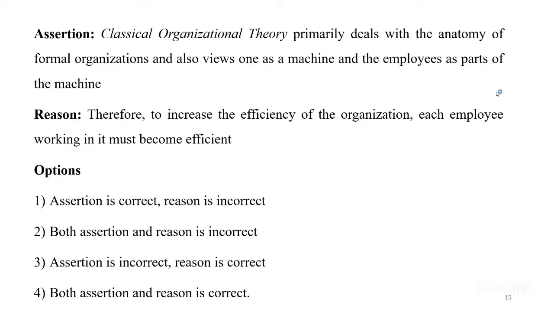The reason says that, therefore, to increase the efficiency of an organization, each employee working in it must become efficient. The given options are: 1. Assertion is correct, reason is incorrect. 2. Both assertion and reason are incorrect. 3. Assertion is incorrect, reason is correct. And the last is both assertion and reason are correct.